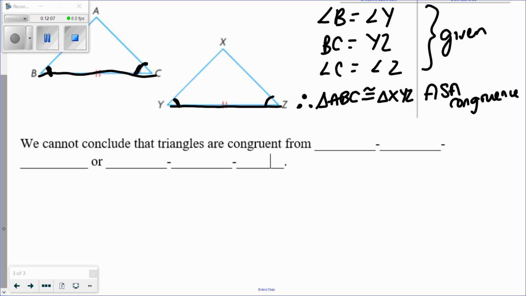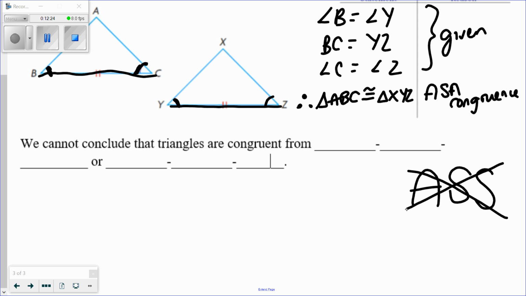So you're all getting antsy because you're wondering, is there such a thing as angle side side congruence? That's a rude word. We can't actually prove triangle congruence by angle side side. I'll show you why in just a second.